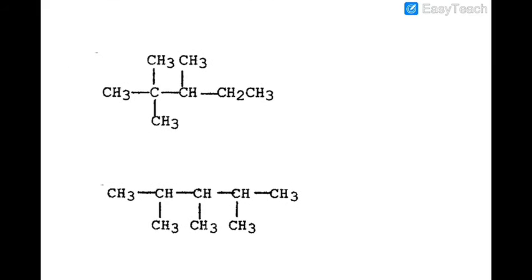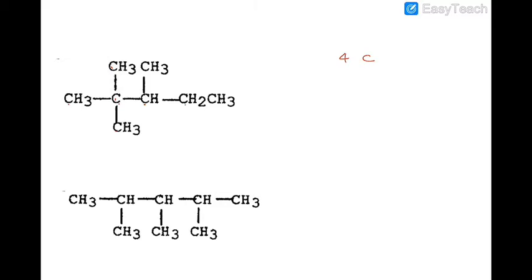So we have that chain. First, let's look at the longest chain. 1, 2, 3, 4, and then 1, 2, 3. So this is the longest chain. It has 4 carbons. So 4 carbons means it's going to be a butane. Okay? Now let's look at the side chains. We have one side chain here, two side chains. So you have dimethyl, and then you have another methyl on this chain here. Okay, so there's 3 methyls in all.